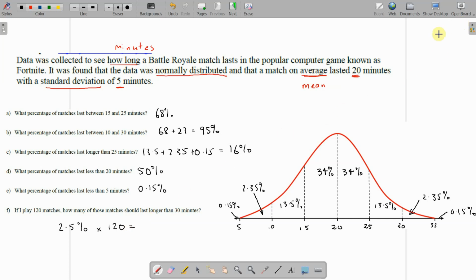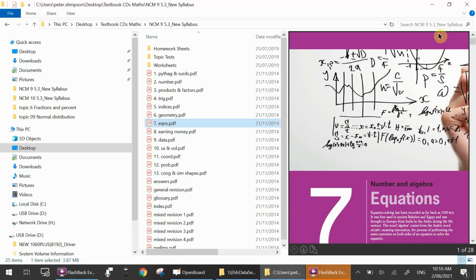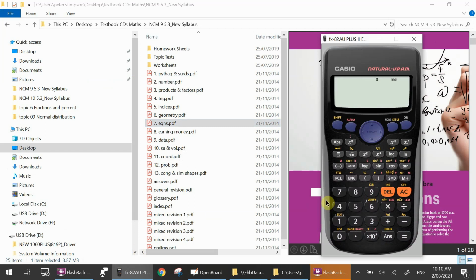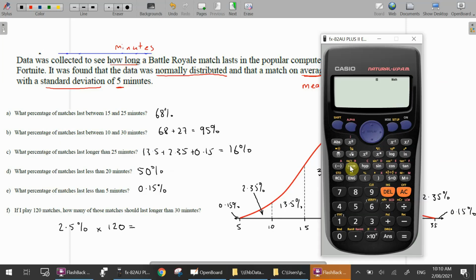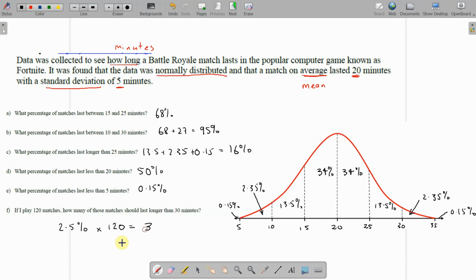So let me just see if I can get the calculator up and running. 2.5% times 120 gives only 3. If I played 120 matches, only 3 would last longer than 30 minutes.